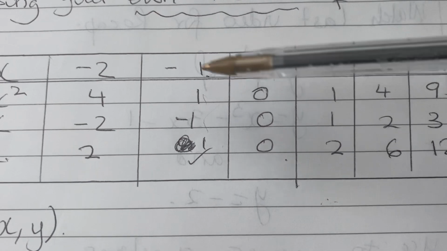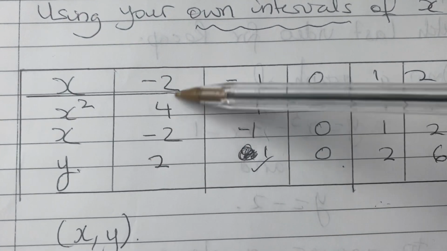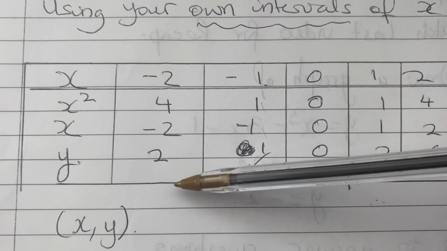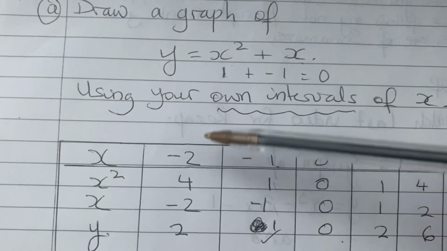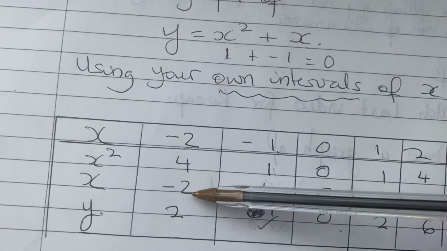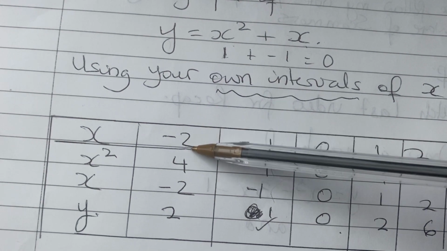So I chose this and then I did the table form. If you look at the equation, you need x squared and you need positive x. So you can use that.